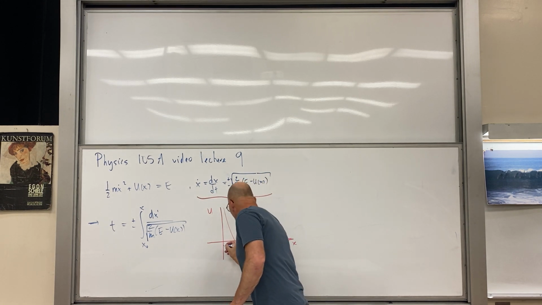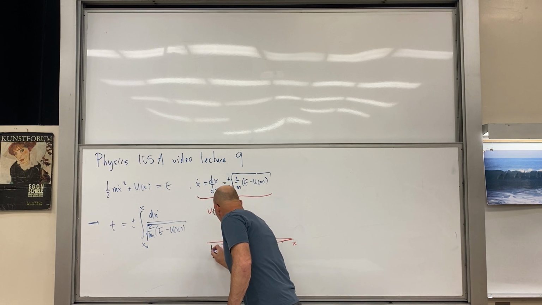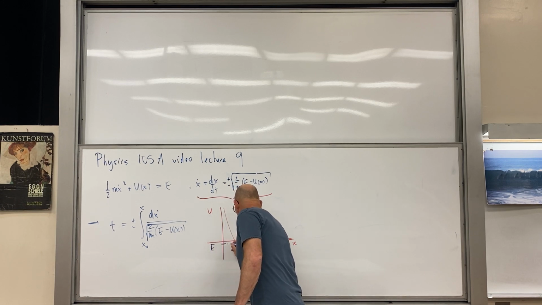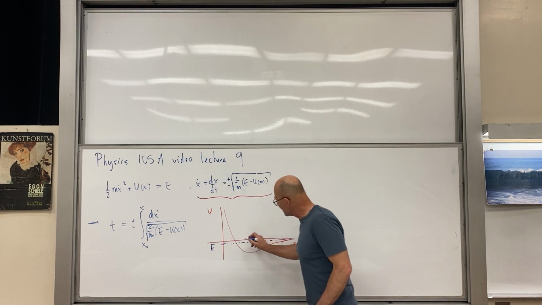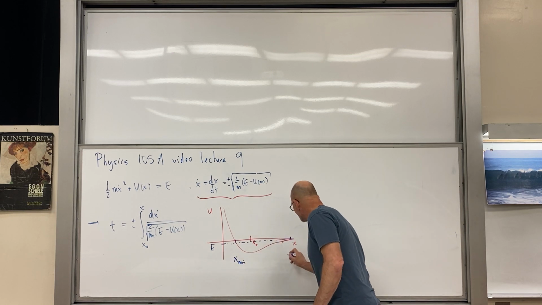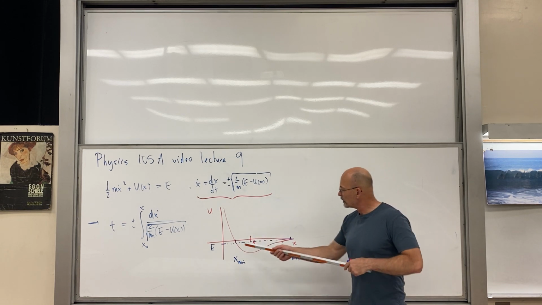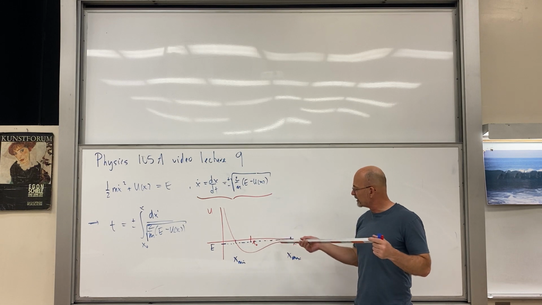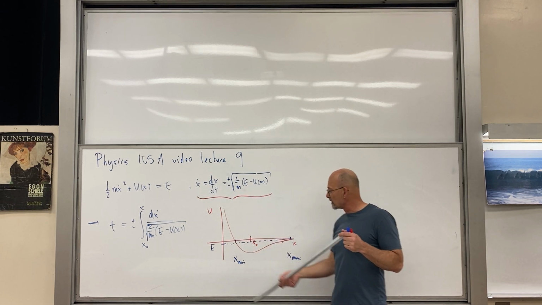And so let's go ahead and have an energy here, E, and I'll draw the little dotted line across, and you can see that there is a minimum x and a maximum x between which the motion occurs. That's where the velocity vanishes. Those are the turning points.